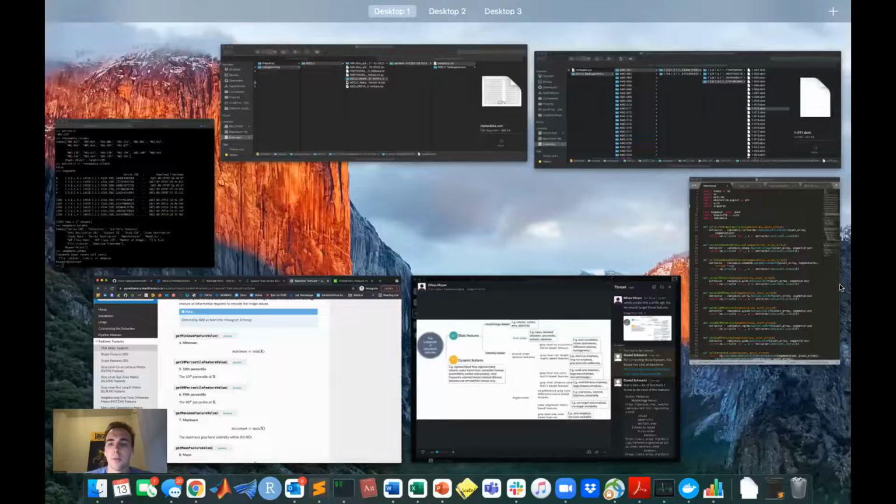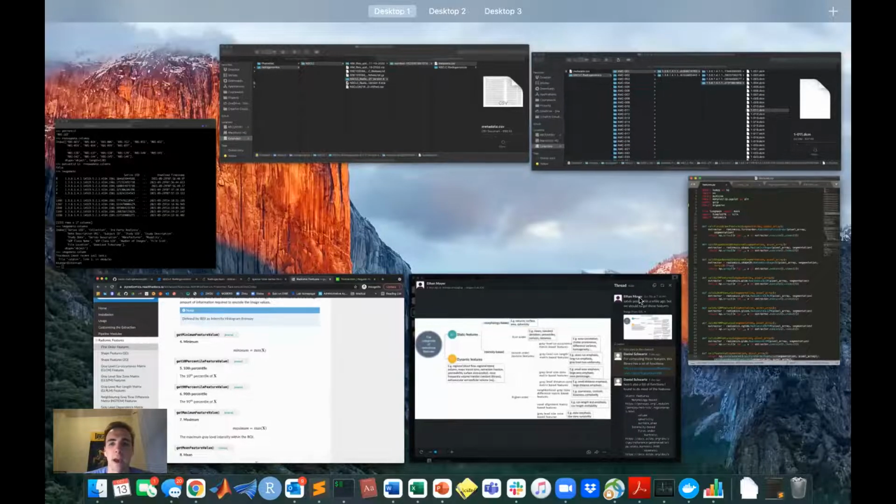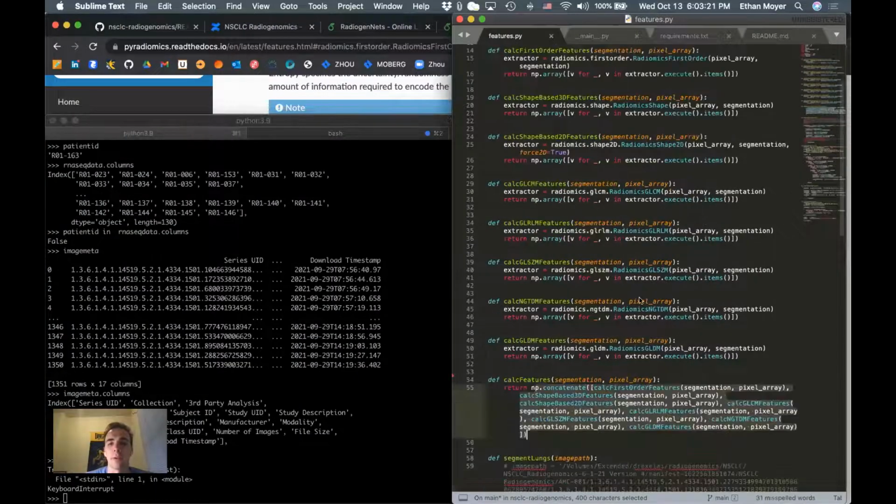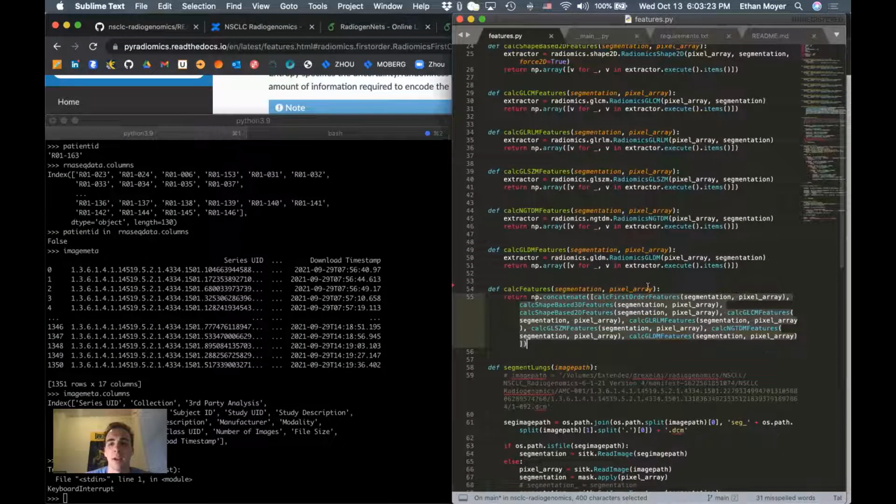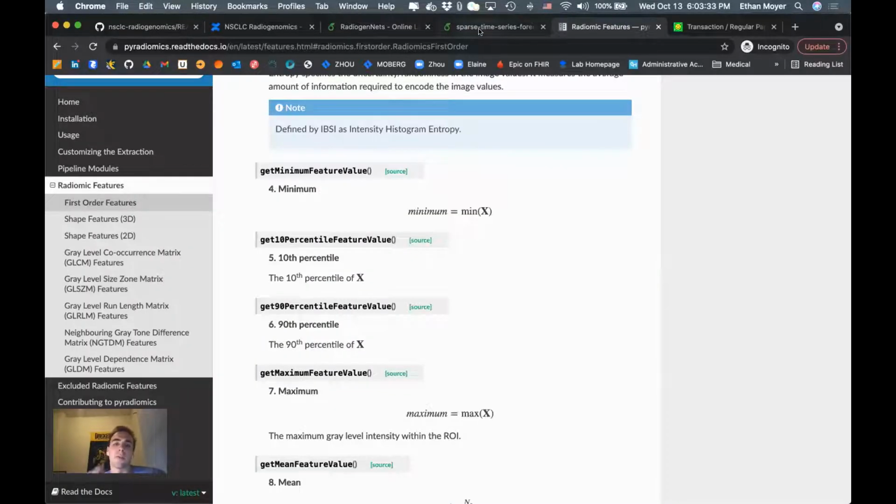So from this function, we have about 160 features. I was thinking about this the other day because I don't know if it's the best thing to do.